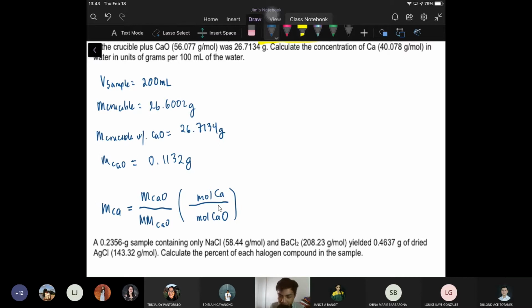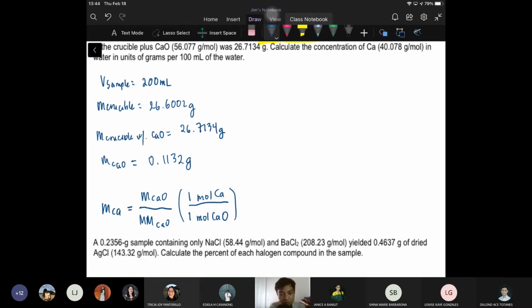But what's the problem? We don't have coefficients. So, we have no equation, but we can get the coefficient by just looking at the formula. Look at the chemical formula. We have 1 mole of calcium per 1 mole of calcium oxide, because there is one calcium in calcium oxide. So that means 1 mole of calcium oxide will give us 1 mole of calcium.